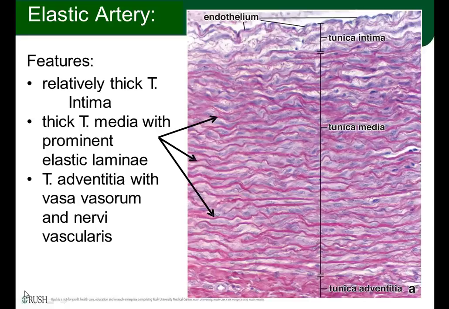So you can see the endothelial cells pointed out as well as the underlying connective tissue, and then you begin to have the elastic lamina interspersed with the smooth muscle cells, which really aren't visualized all that well in this image. Then you get to the external elastic lamina at the outer edge of the tunica media, and you have just a little portion of that tunica adventitia, which is primarily comprised of collagenous connective tissue.